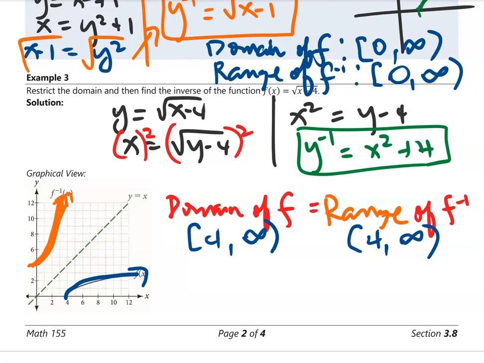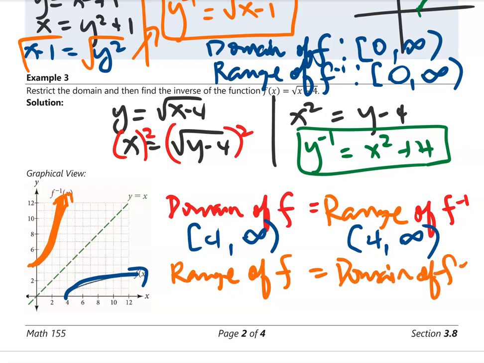How about the range of f, meaning this is gonna be the same thing as, yes, your guess is right, the domain of the inverse. So now let's take a look at the range of our function f of x.